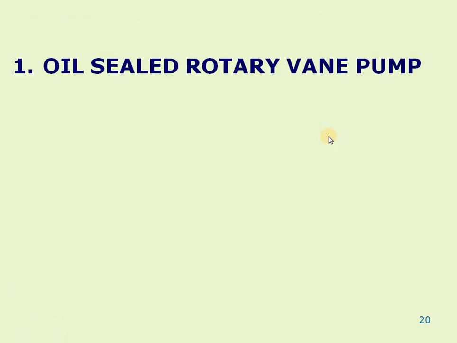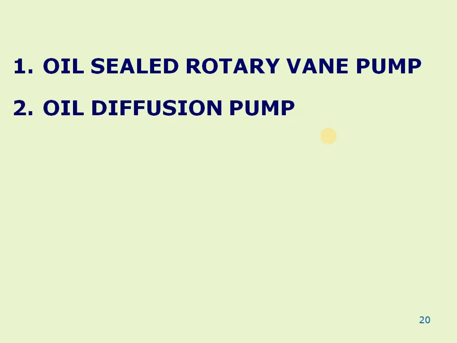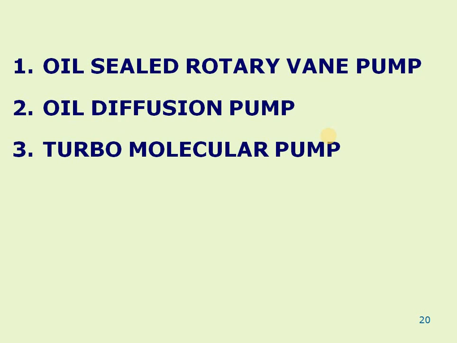And in the subsequent modules, we will be talking about different pumps, in which the first one will be about the oil-sealed rotary vane pump, second one will be oil diffusion pump, and third will be turbo molecular pump. Each one will be discussed in detail with its working principle and all.